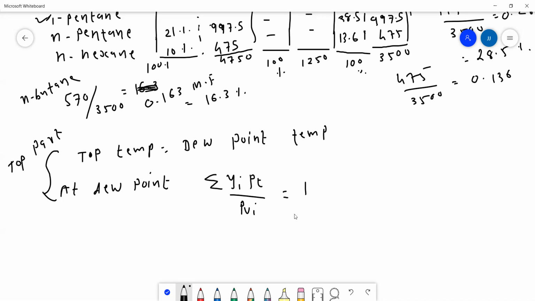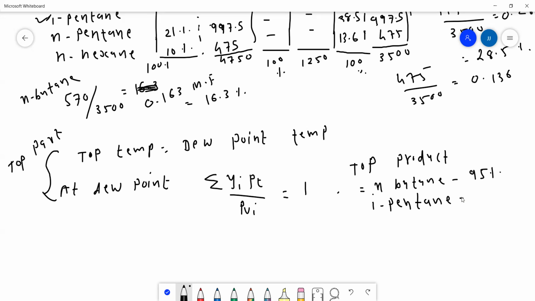And the top product contains two components: N-butane and I-pentane. N-butane is 95% and this is 5%.